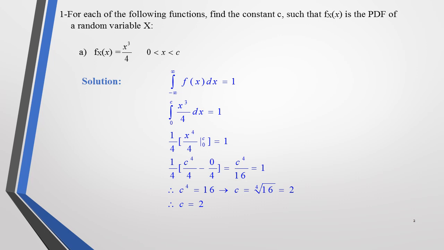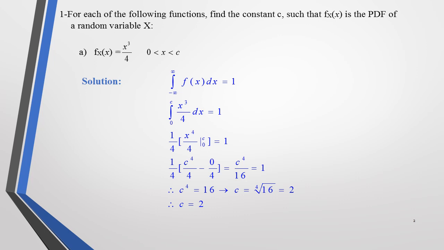But we are not going to integrate this from negative infinity to infinity, because this is only the PDF between 0 and c. Outside of there, it's 0. So we are simply going to integrate this between 0 and c. If we carry out this integration, we will get 1/4 times x^4/4 evaluated at 0 and c.